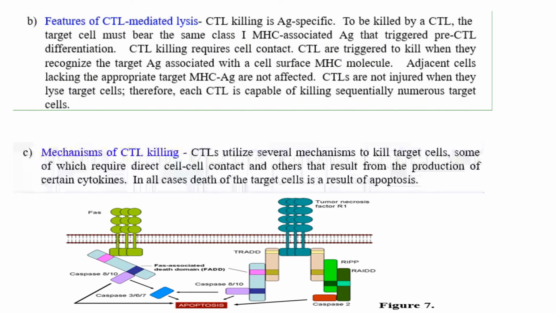Adjacent cells lacking the appropriate target MHC molecules are not affected. Cytotoxic T lymphocytes are not injured when they lyse the target cells. Therefore, each cytotoxic lymphocyte is capable of killing numerous target cells sequentially.